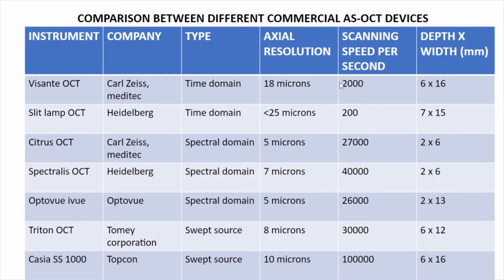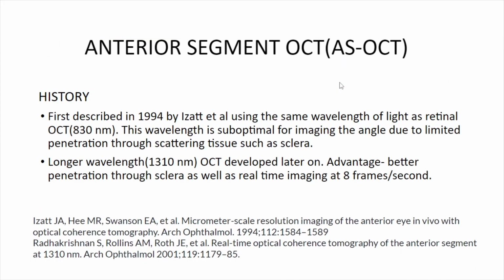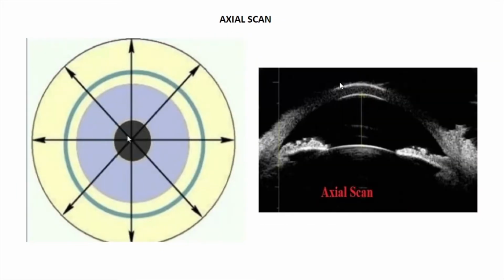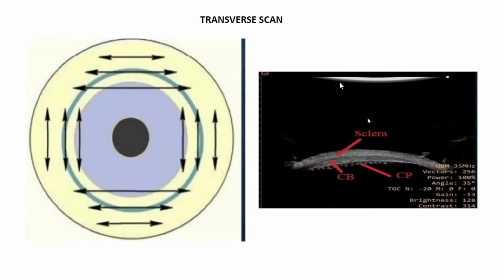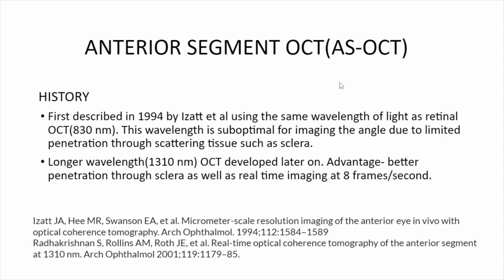Why do you use UBM instead of ASOCT? It is infrared light, right? So what happens with light in the eye? Where does it get attenuated? Anyone from the PGs? Basic stuff, okay? So these are things which you should come with answers just like that. The infrared light gets absorbed by the pigment layer of the iris, right? So you don't see beyond that.